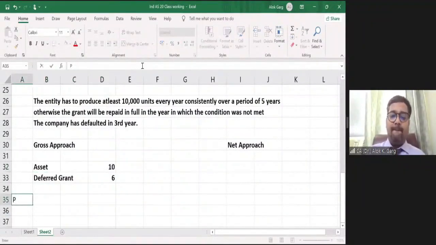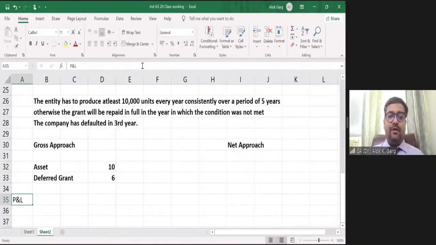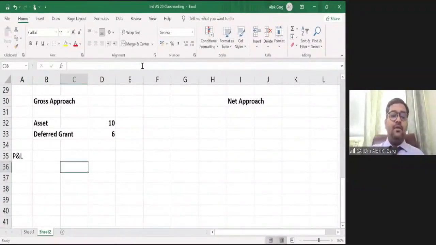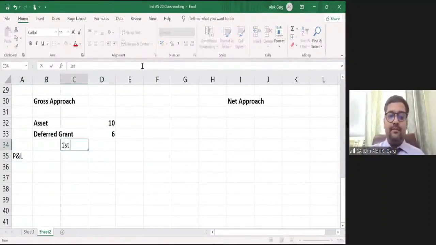Now in P&L, for the first year and second year, what is the P&L impact?